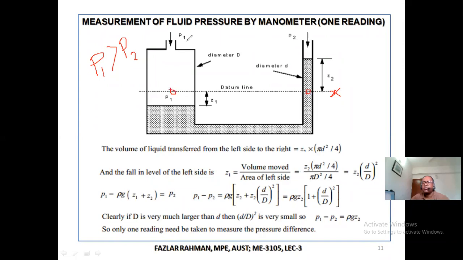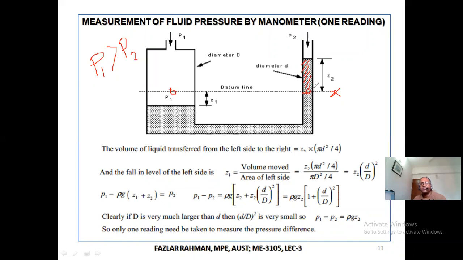But due to the increase of pressure, P1 getting higher than P2, some fluid moves to the smaller tank. How much fluid moves? This much fluid moves from the left tank to the right tank.